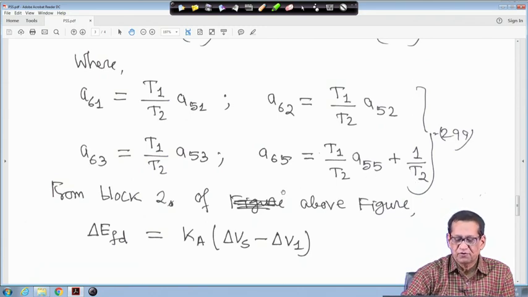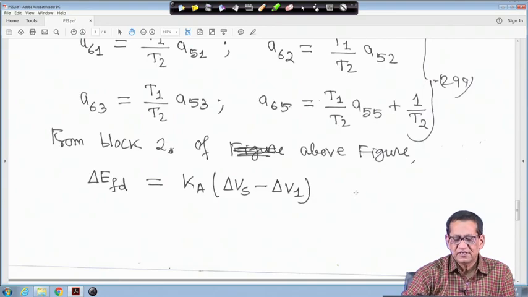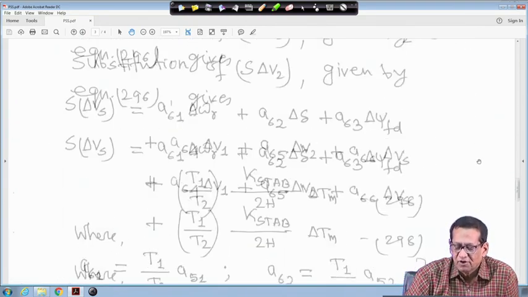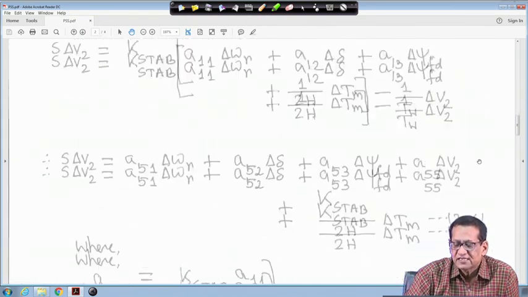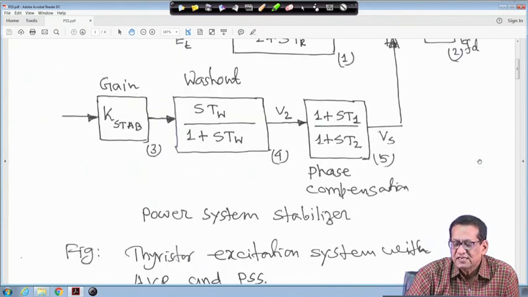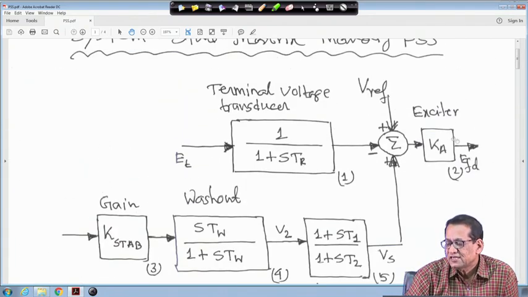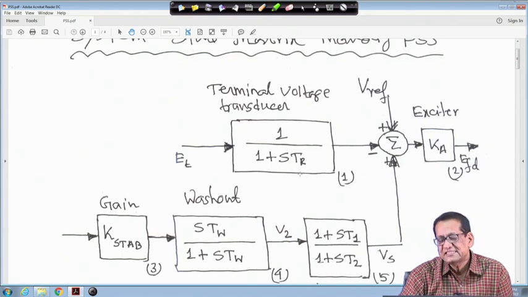Similarly, for block 2 of the above figure, if you go to that block 2 of this figure, and write the small perturbation equation, as we discussed earlier, it will be delta EFD is equal to delta V reference minus delta ET into (1 plus sTR), right.